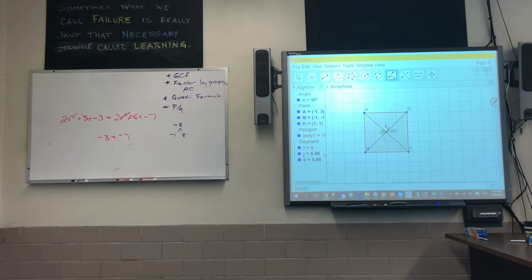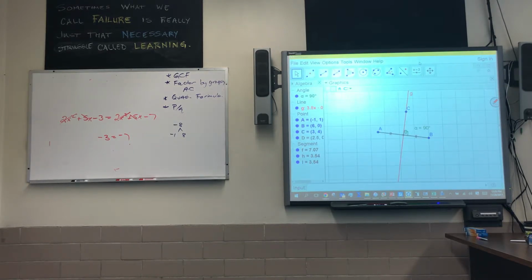Does that make sense? Okay? So AC is the perpendicular bisector of BD, but BD is also the perpendicular bisector of AC. Okay? So that does happen. It's not extremely often, but it does happen. Okay? And inside squares is a great place to see that.